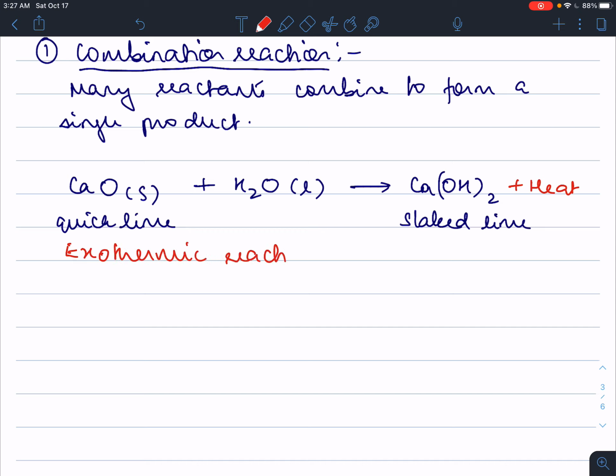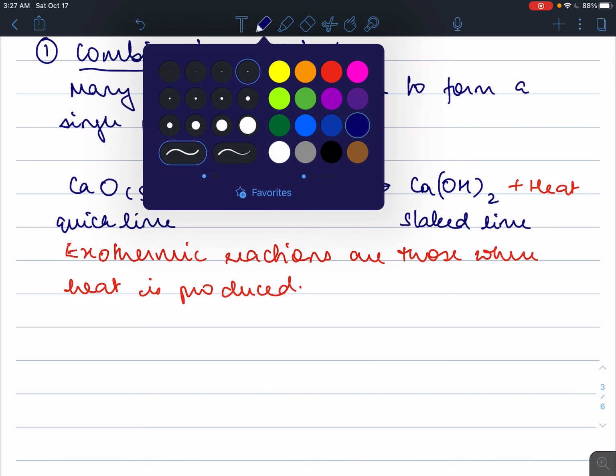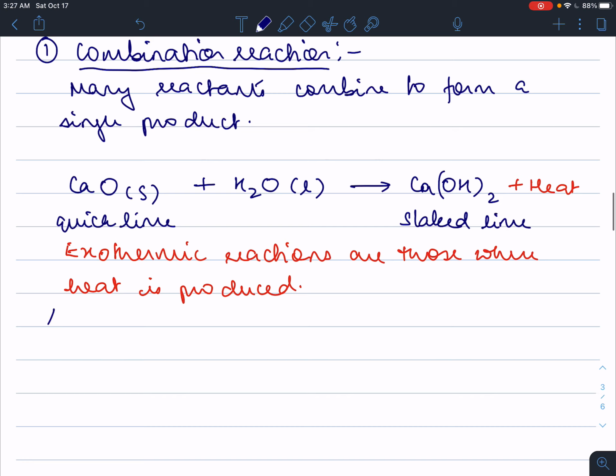Exothermic reactions are those where heat is produced. Alright? So if you want to see how this actually works, I recommend you check out the first link in the description below that speaks about calcium oxide in water.